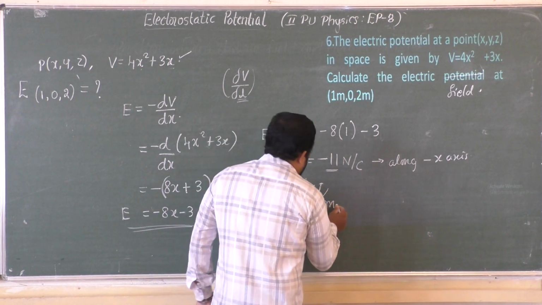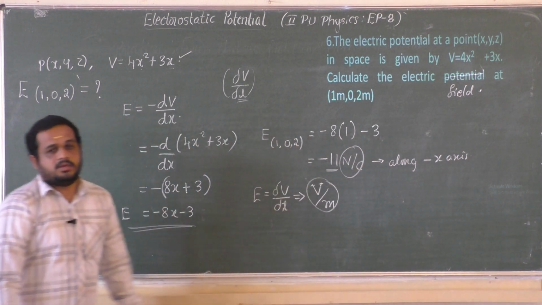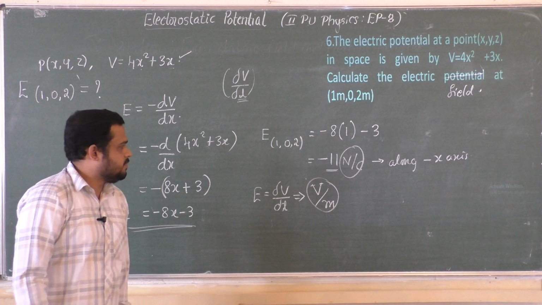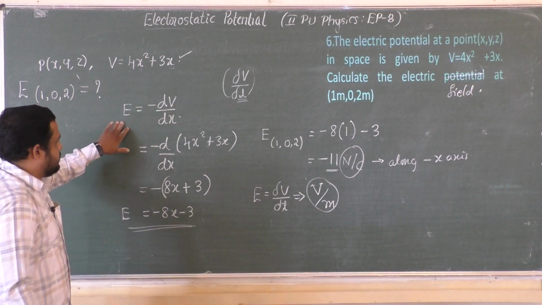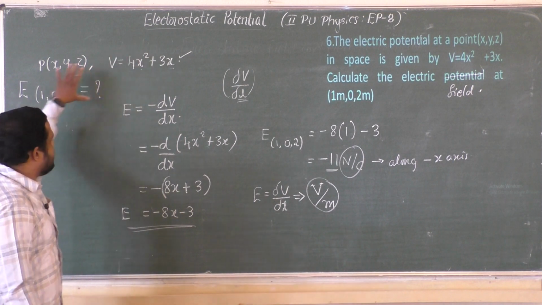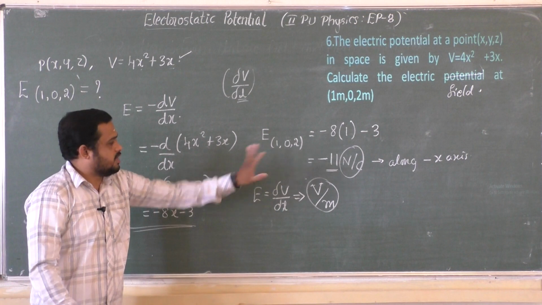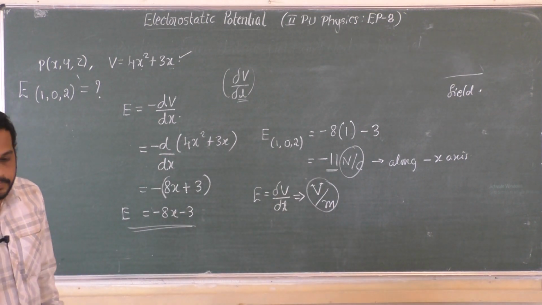So you can use either volt per meter or Newton per coulomb as unit of electric field. Okay. So if potential is given in this format, to find the electric field, just differentiate the equation, and if the points are given, substitute the corresponding values in the equation to calculate the electric field. Okay. Next.